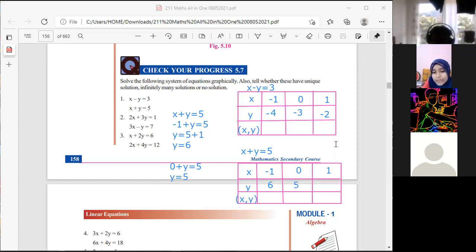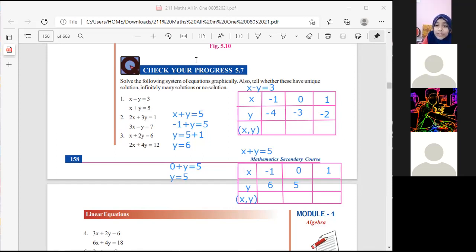Teacher, why are you substituting in the place of x? You have to find y, no? That is why I'm substituting in the place of x. I already have x, so where I have x, I will substitute that only.